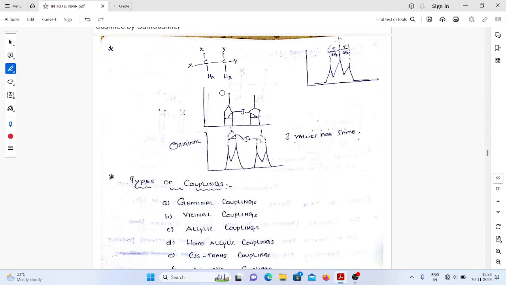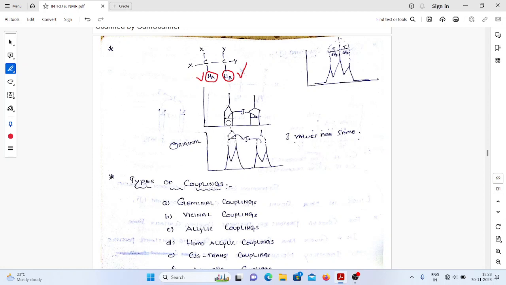Okay, suppose assume that this is the hypothetical molecule. In the hypothetical molecule we have two non-equivalent sets of protons. Already we know that HA is influenced by the spin of HB, and HB is influenced by the spin of HA. So what is the meaning?